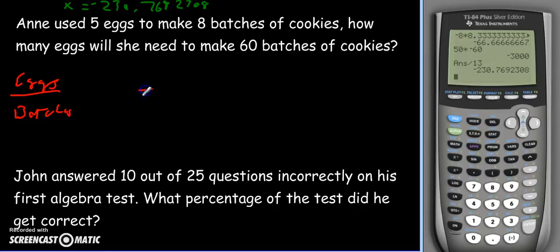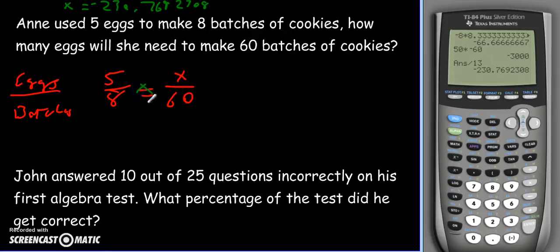Okay. So we're going to set up a proportion. 5 eggs makes 8 batches. But because these things are obviously proportional, meaning if I increase the number of eggs I should be able to make more batches, we can write a proportion. All right, so I want to have 60 batches of cookies, but I don't know how many eggs I need. I can determine that using a proportion.